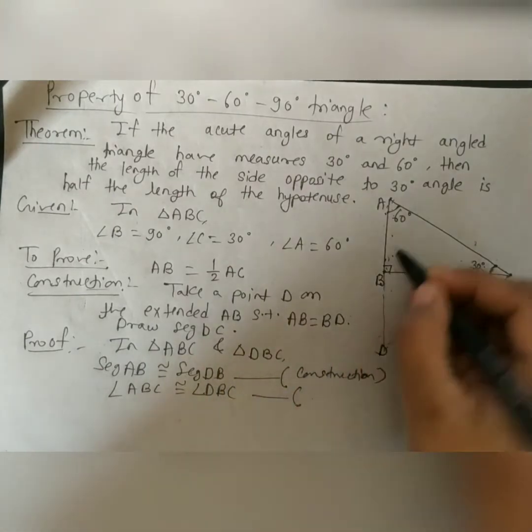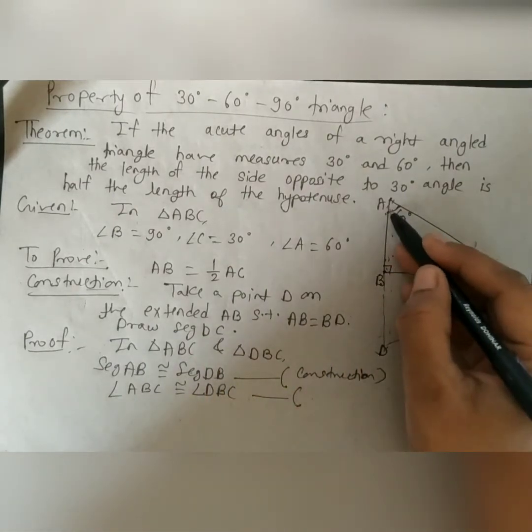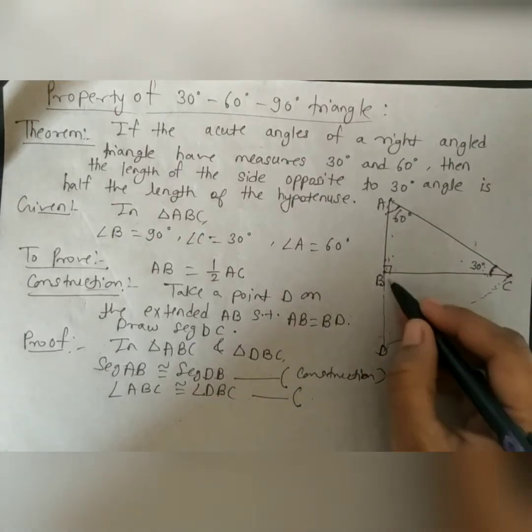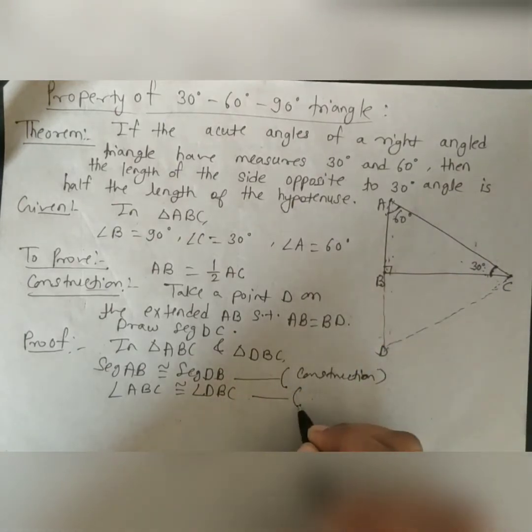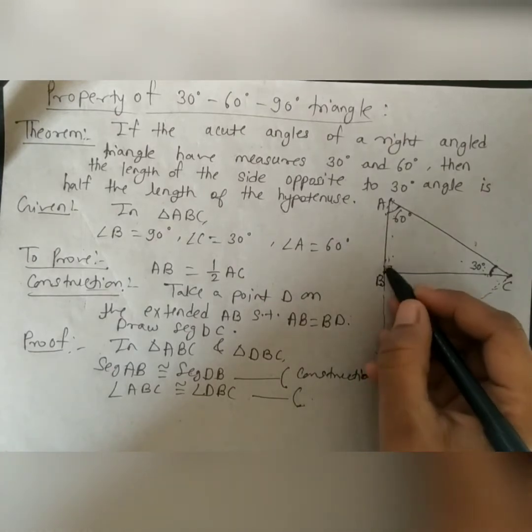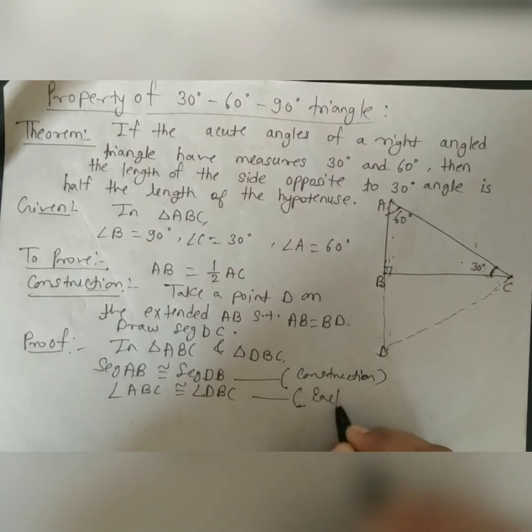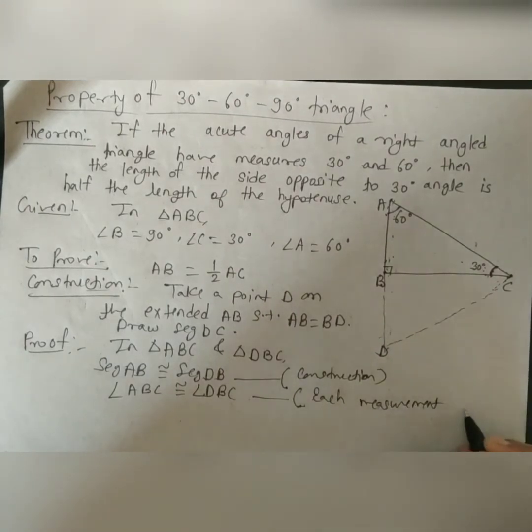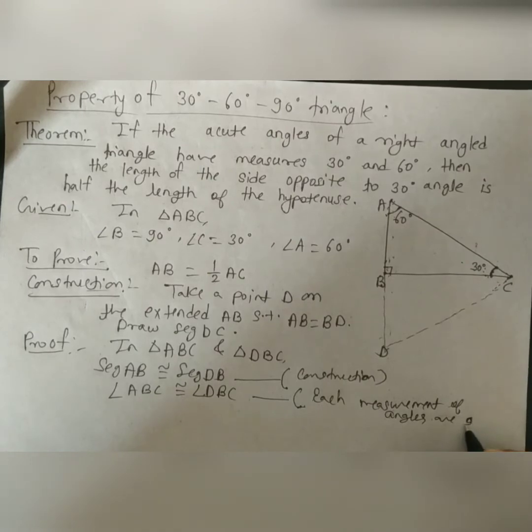Next, angle ABC is congruent to angle DBC. And the reason why these two angles are congruent is that each measures 90 degrees.